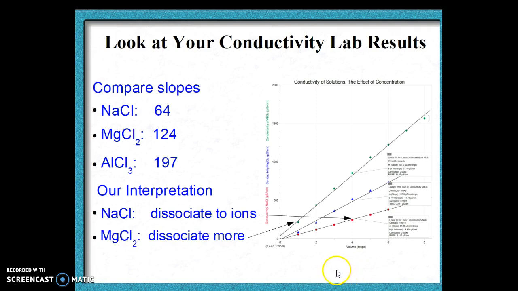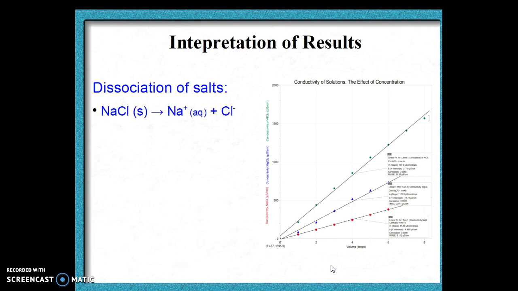Magnesium chloride must dissociate more because it has more atoms, because it's got a steeper line, and the aluminum chloride dissociates even more, as you can see with the steepest line here. So more ions, obviously, in that latter salt.